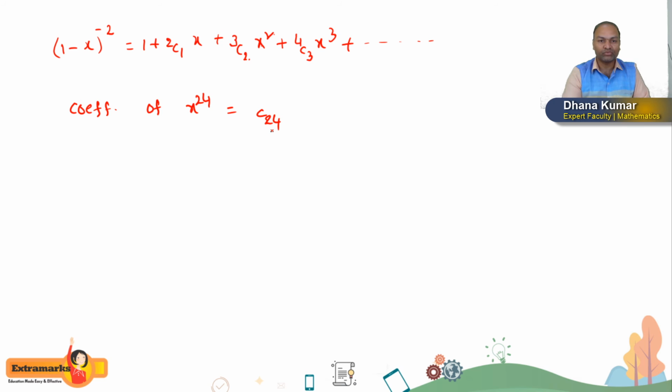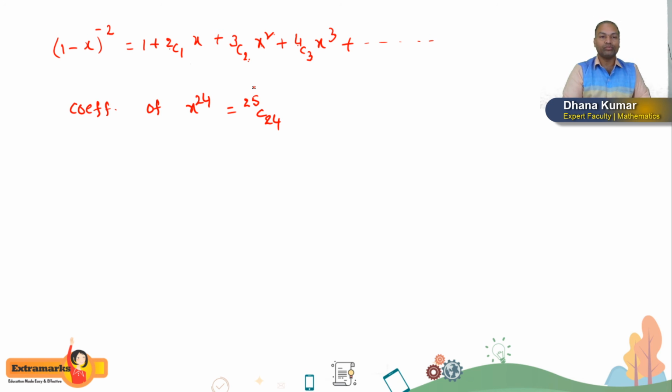The lower suffix is also 24. For the upper suffix, you observe this one: lower suffix 3 means here 4, 3 plus 1, 2 plus 1, 1 plus 1. Correct now? So automatically this value will be 24 plus 1, 25.